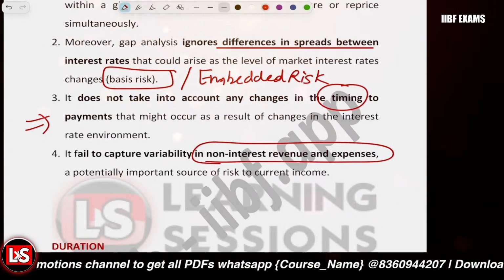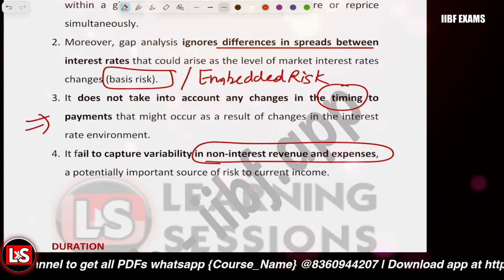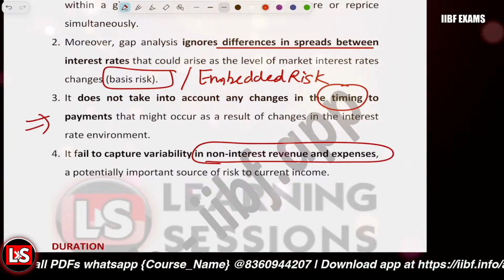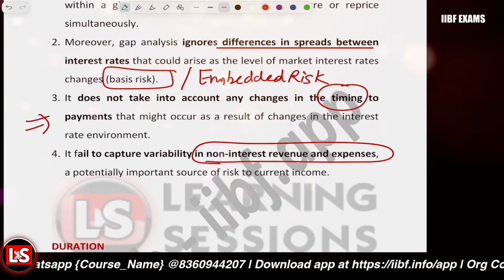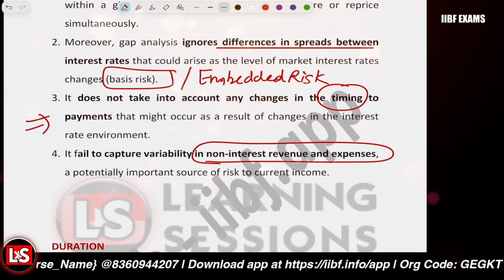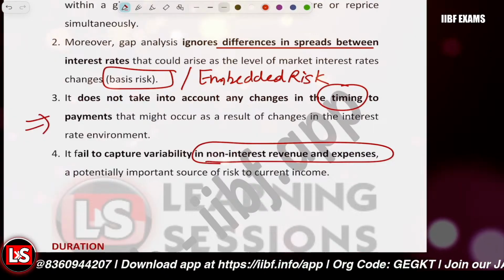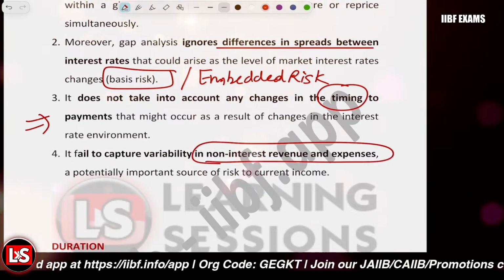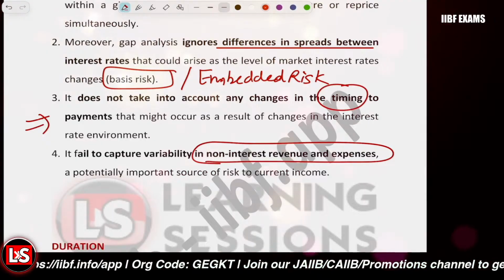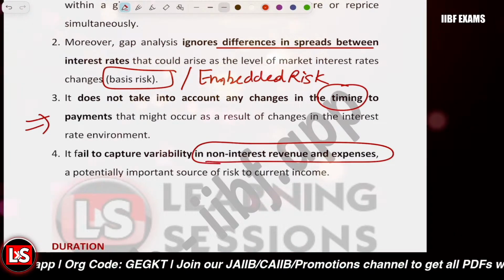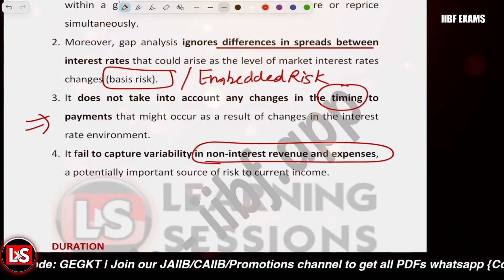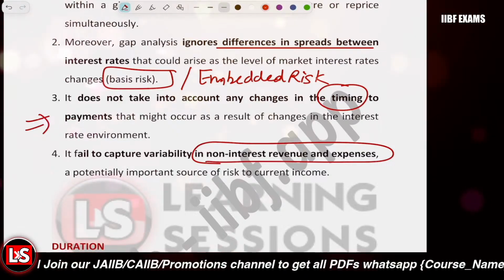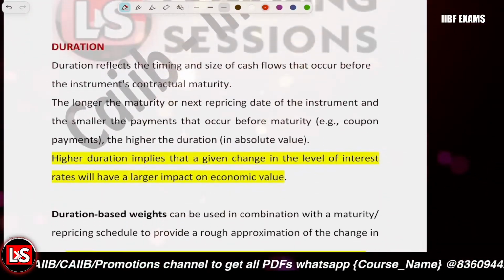But we do consider that uniform repricing will be there, that repricing will be simultaneous. We do ignore the basis risk. We do ignore the embedded option risk. We do not consider the timing flexibility, and we do ignore the non-interest income, the fee-based income. That part is not considered at all in the case of the gap analysis. These are the shortcomings of the gap analysis.